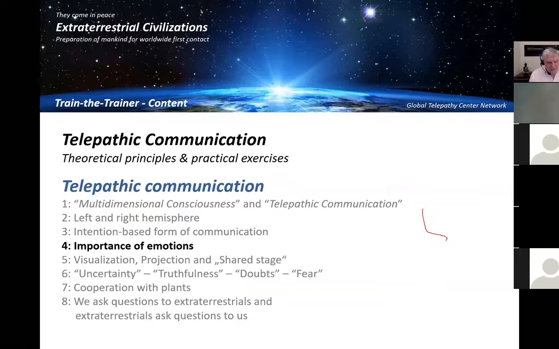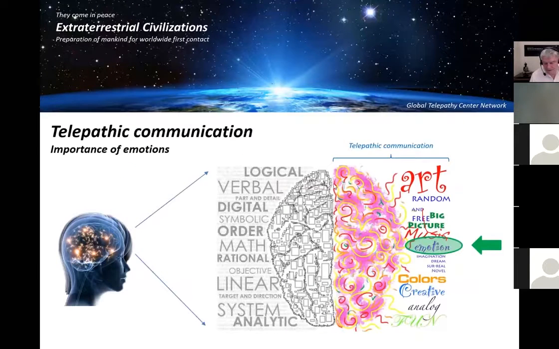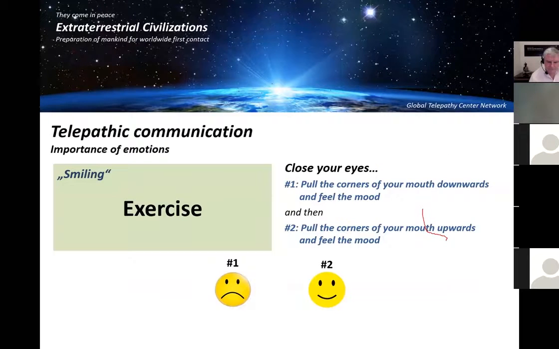Well, I will now cover the importance of emotions. And as you can see on the chart here, emotions are also located in the right hemisphere. And for that, I would like to do a very quick exercise.